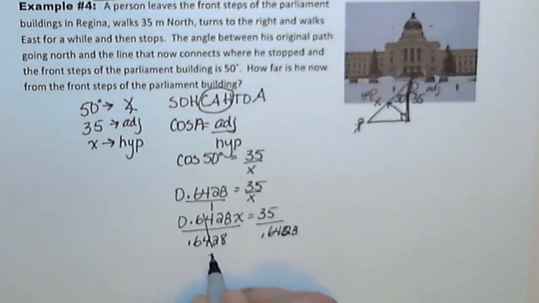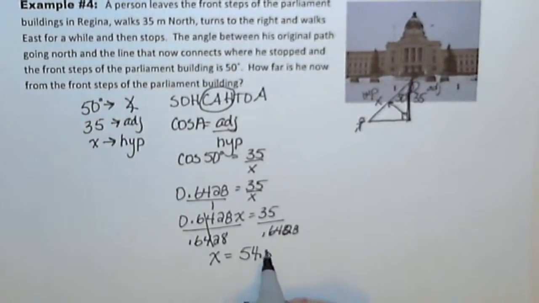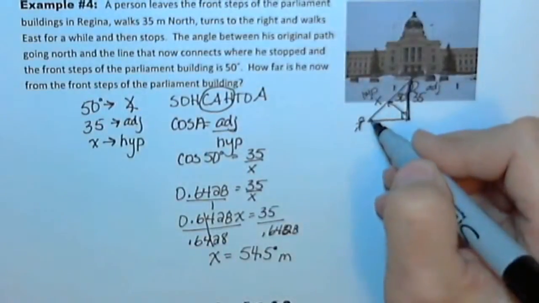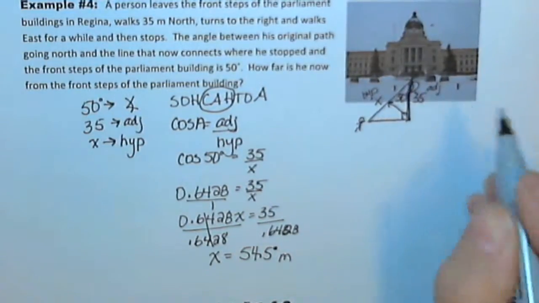When we divide this, and it doesn't give us what decimal we need to give our answer to, so I'll give it to 1, we end up with 54.5, and that would be meters. So again, that means that if he was to stop here, it would take him 54.5 meters. And that's the distance back to the front steps.